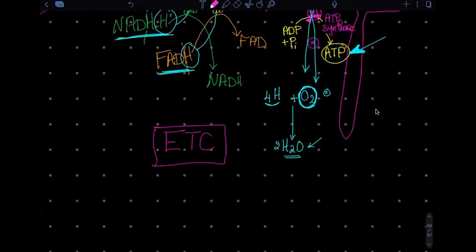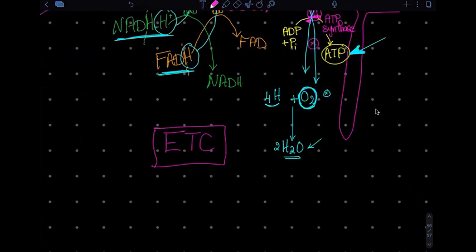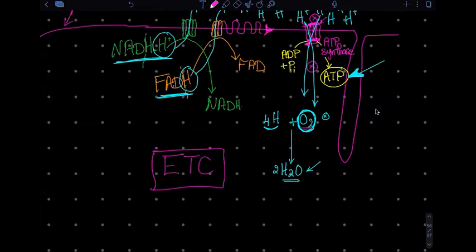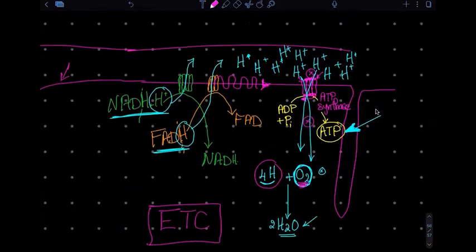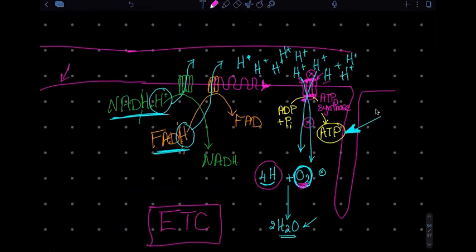So if I stop breathing, why can my cells not function? Because they won't have this oxygen. And if they don't have this oxygen, those protons are going to build up on the inside of the inner membrane and will be preventing any further influx of the protons from the intermembrane space to the inside of the inner membrane.